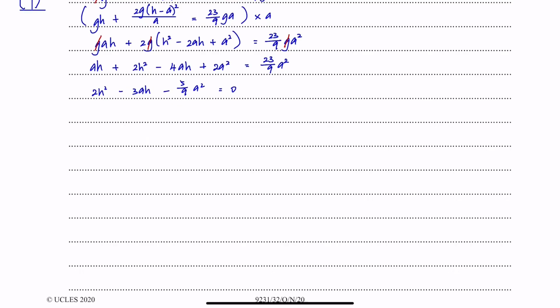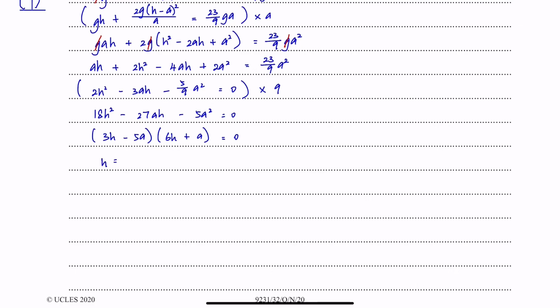We can change it to 18h squared minus 27ah minus 5a squared equals 0. This is just by multiplying the equation by 9. So now we factorize it, and we find that 3h minus 5a and 6h plus a are the factors of that equation.